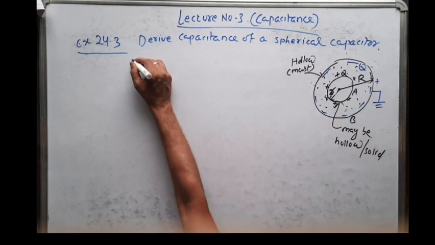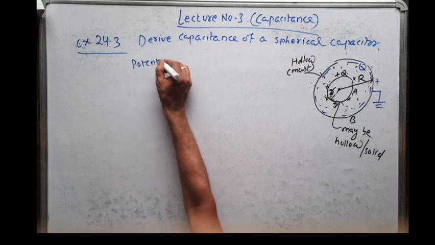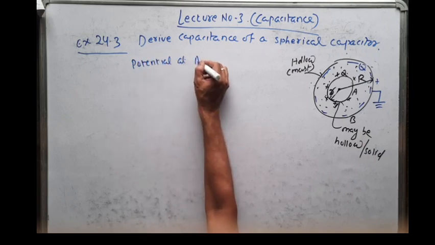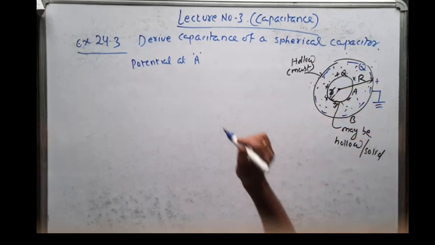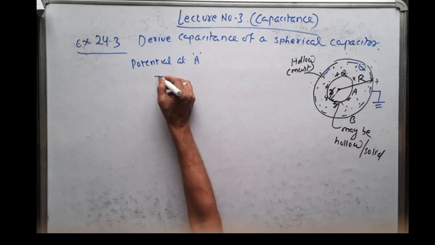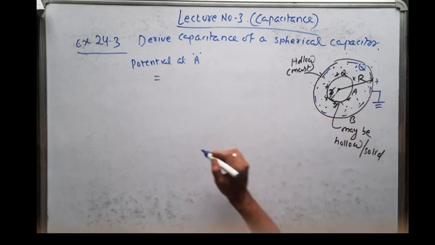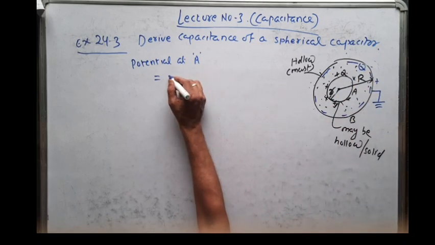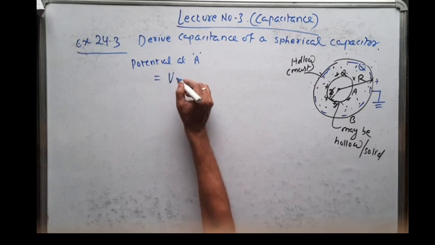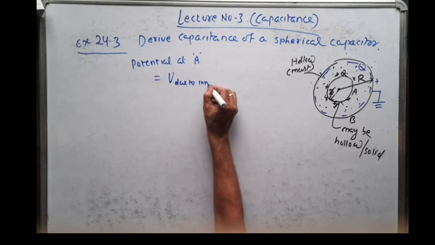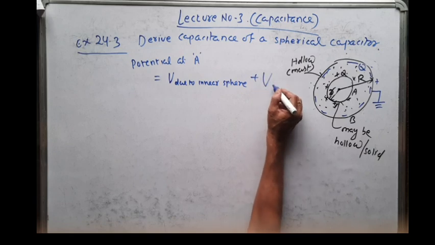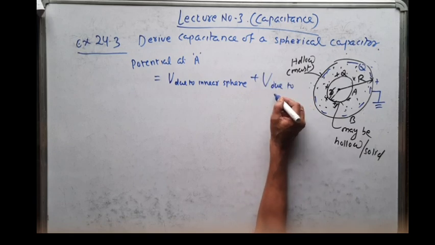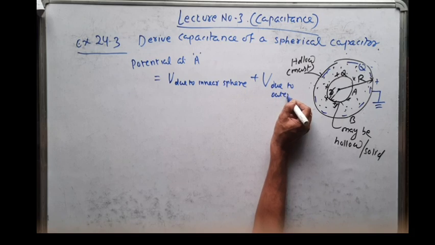So first we will find the potential at a point lying on the surface of the inner sphere. So what is the potential at A? There are two charges, one is plus Q, another is minus Q. So I can write potential at A is equal to potential due to the inner sphere charge plus potential due to the outer sphere charge.